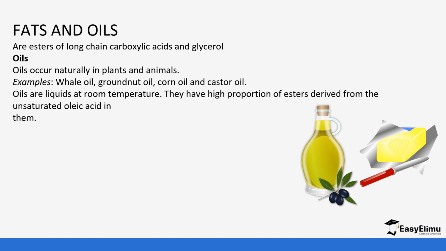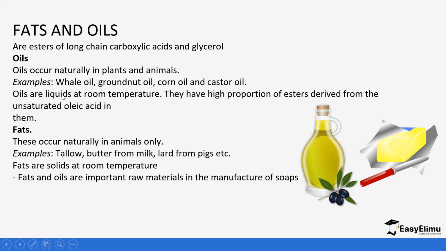So when you look at the difference between fats and oils, oils are usually naturally occurring in plants and animals. For example, we have whale oil, coconut oil, corn oil, castor oil. They're usually liquids at room temperature. And then fats usually occur naturally only in animals.